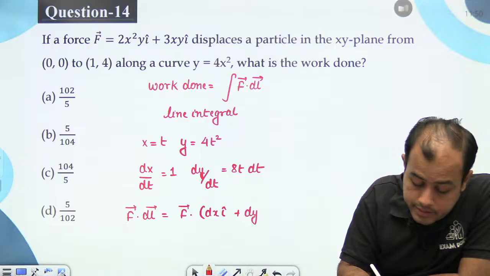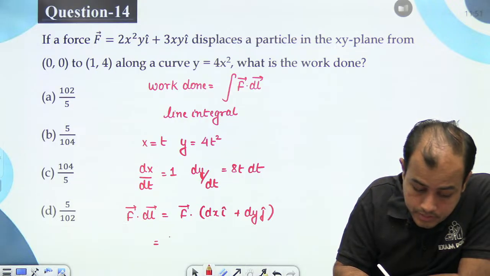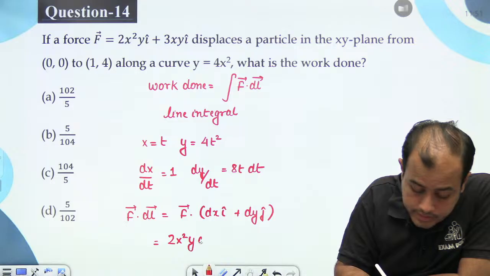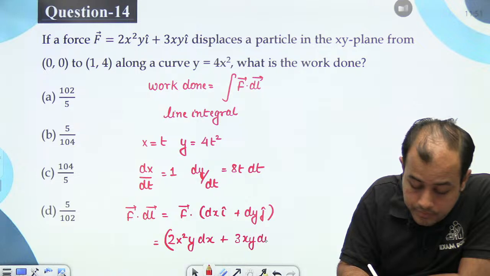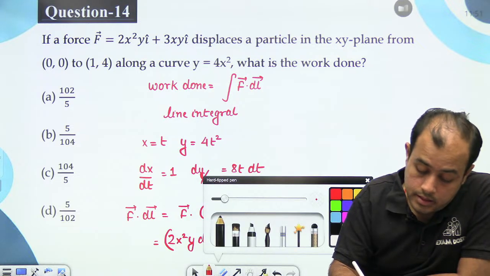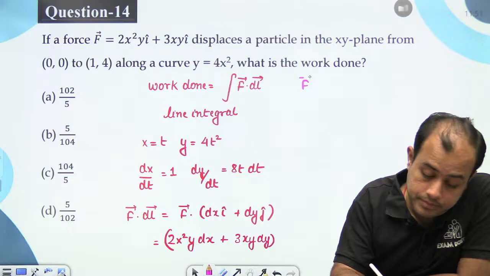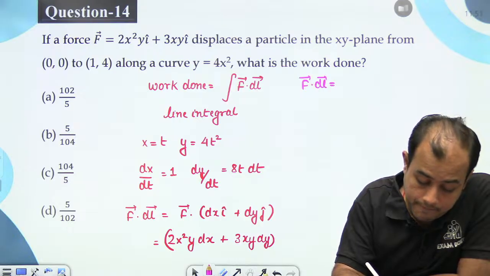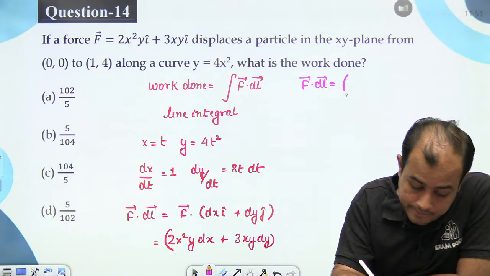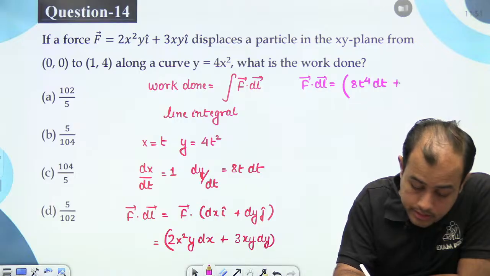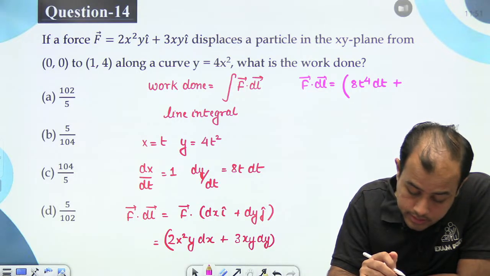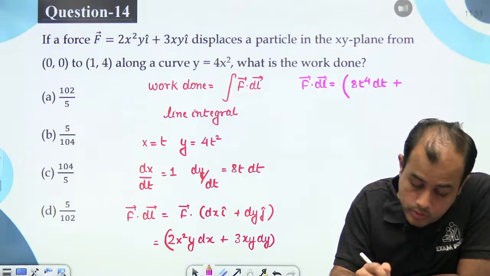dx i plus dy j, 2x square y dx plus 3xy dy. Now what I'll do is, 2x square: 2t square, 4t square, 8t to the power 4 dt. 3xy: 3t, 4t square, so 12t cube into 8t, 12 8 96.